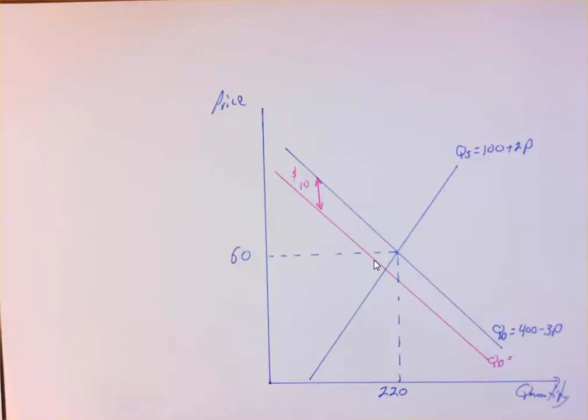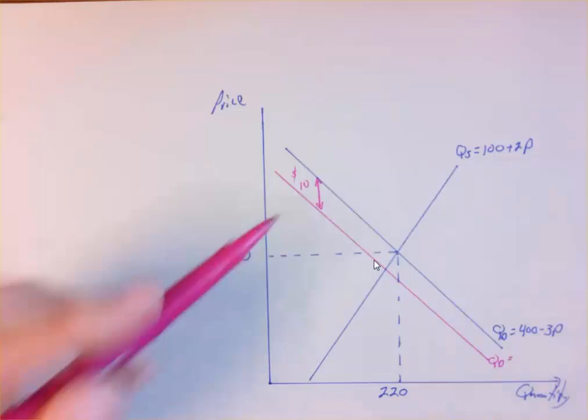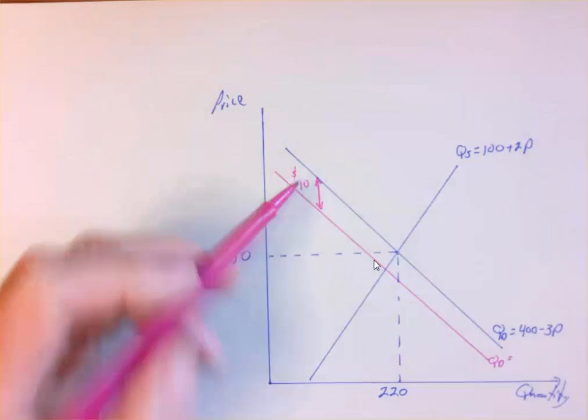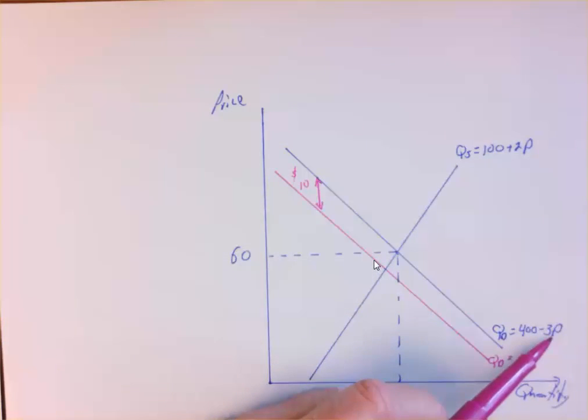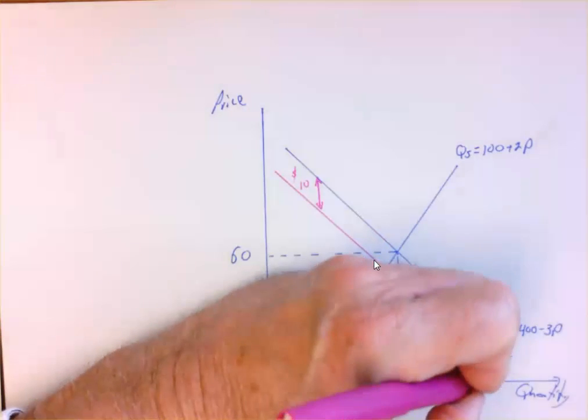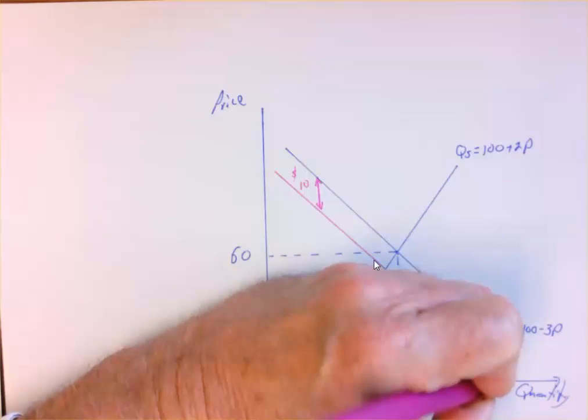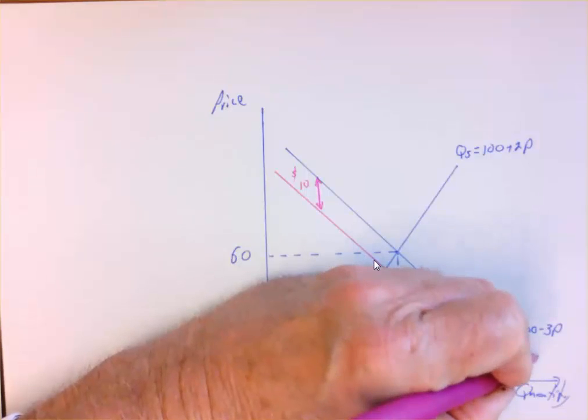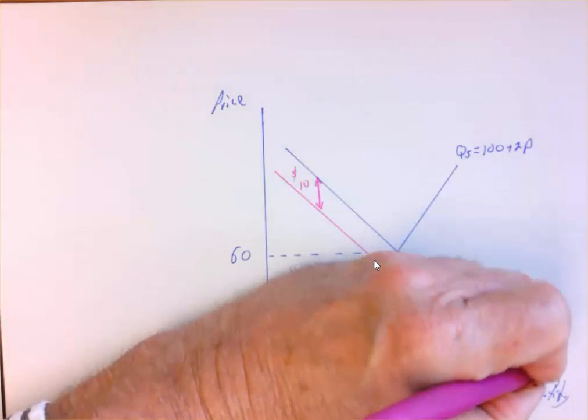Or you can memorize this little shortcut: you take the tax, which in this case is $10, multiply it by the coefficient on P, which in this case is 3, so 10 times 3 is 30, and you subtract that number from the constant term, so 400 minus 30 is 370. So the new quantity demanded after the tax would be 370 minus 3P.